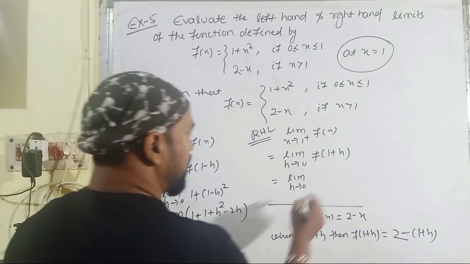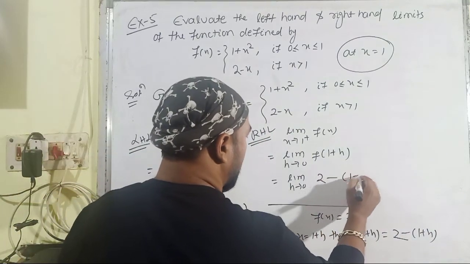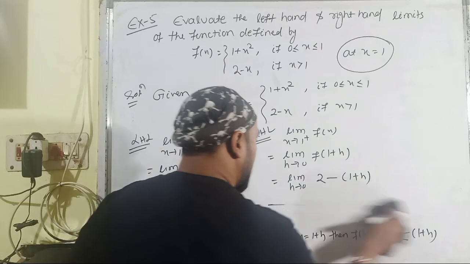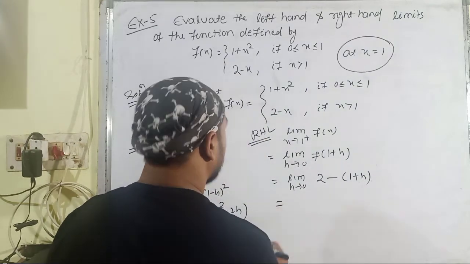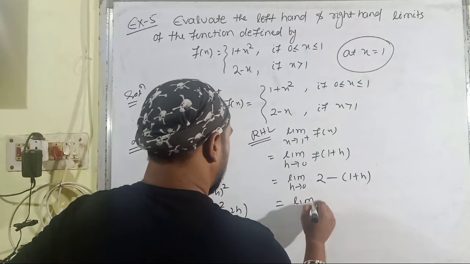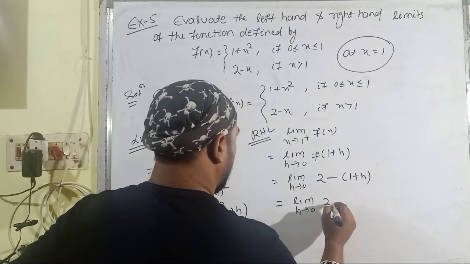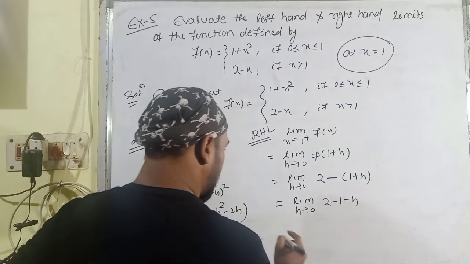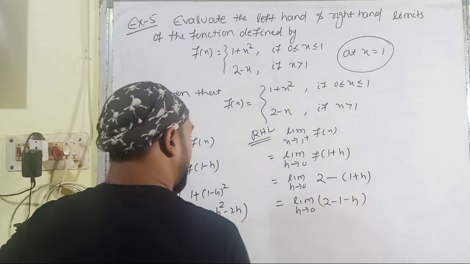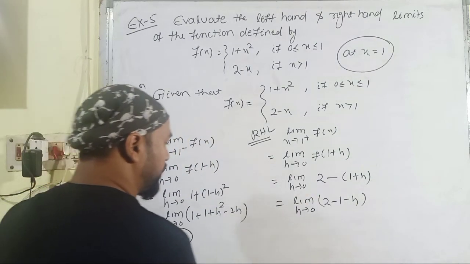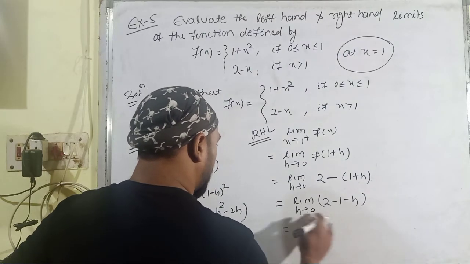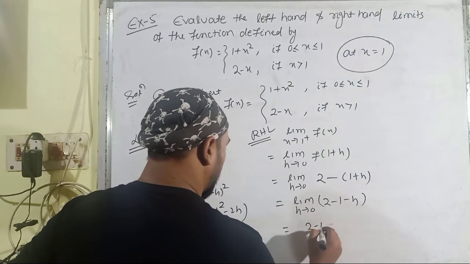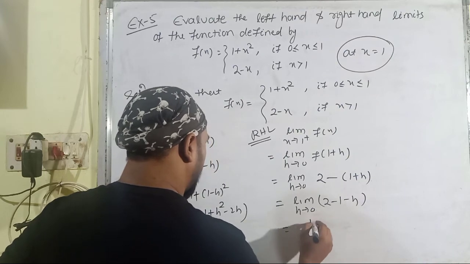So the limit h tends to 0 of 2 − 1 − h. Again it is a polynomial, so directly put the value of h here. So it will be 2 − 1, that is equal to 1.